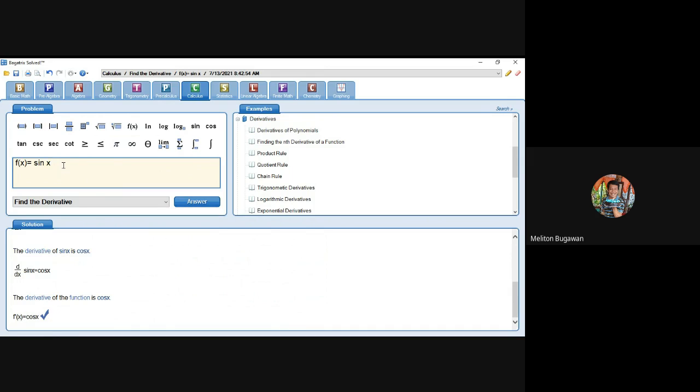How about if we do it with the rational form? So we have 2 sine of x all over 3 minus sine of x. Find the derivative.